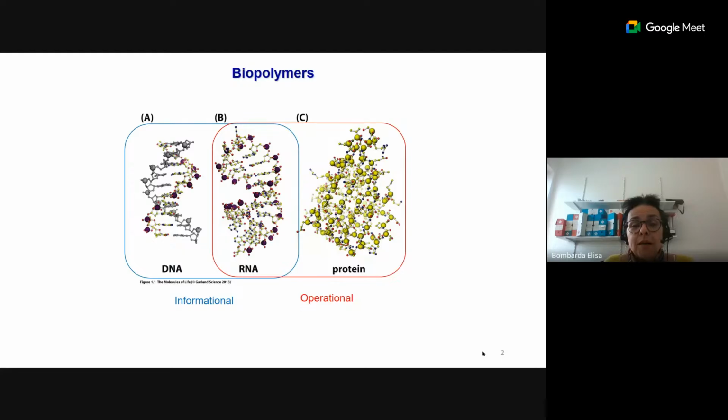The building blocks in proteins are the amino acids, and the building blocks in nucleic acids, DNA and RNA, are the bases.